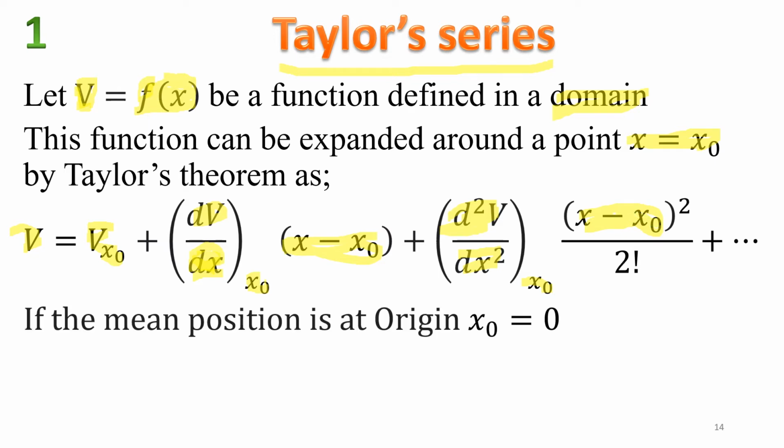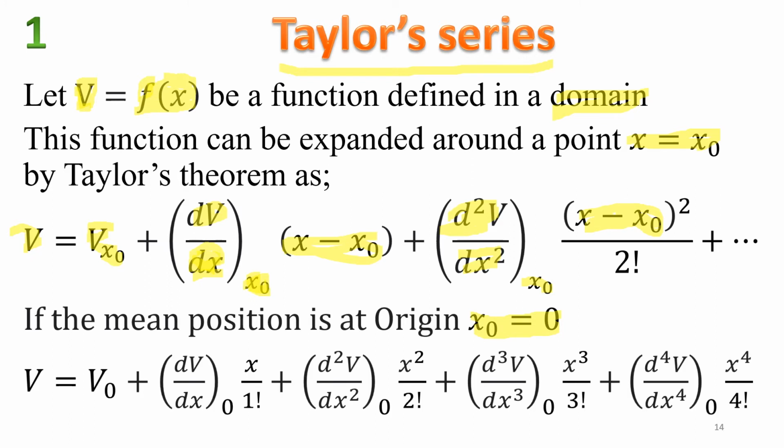It means that if we consider x0 to be the origin of the coordinate system, that makes our discussion very simple. Then x0 is to be replaced by 0. It doesn't mean zero value. It means that you have to find out the derivative at x equal to x0 equal to 0.